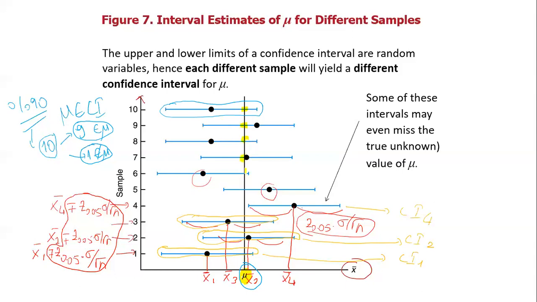This one includes mu. This one, yes. The fourth one does not include mu. And the remaining confidence intervals include mu as well. So it turns out that 9 of them include mu, but one of them does not.